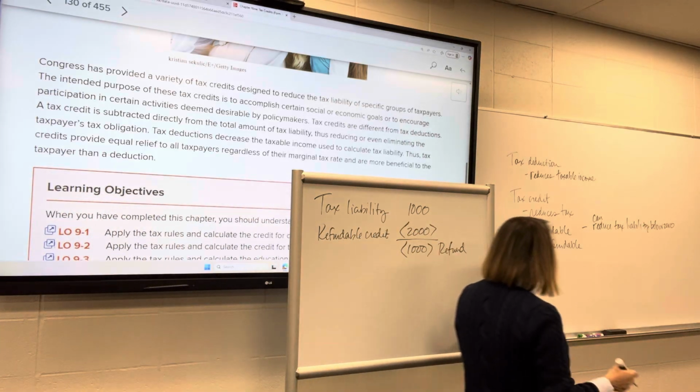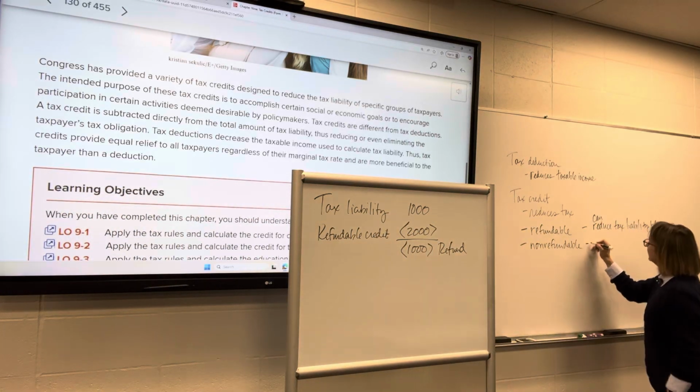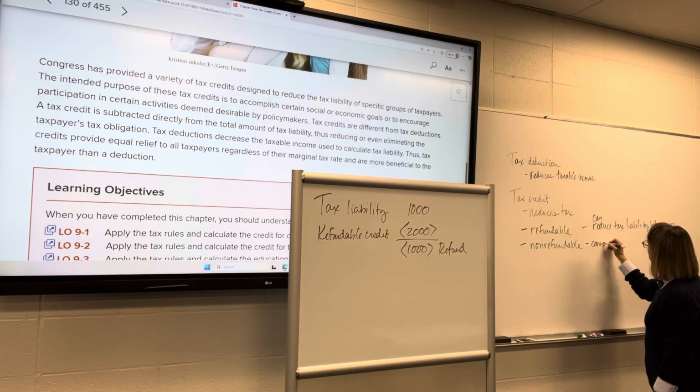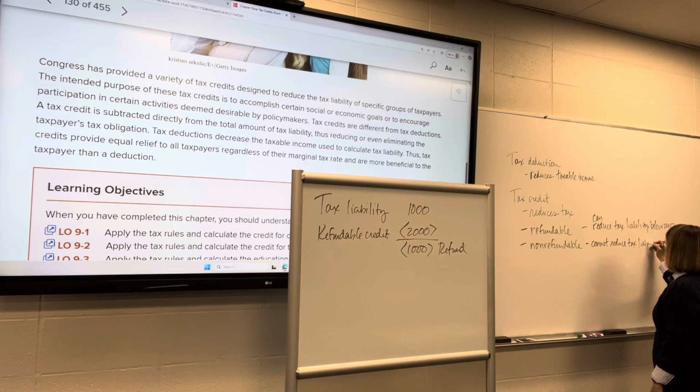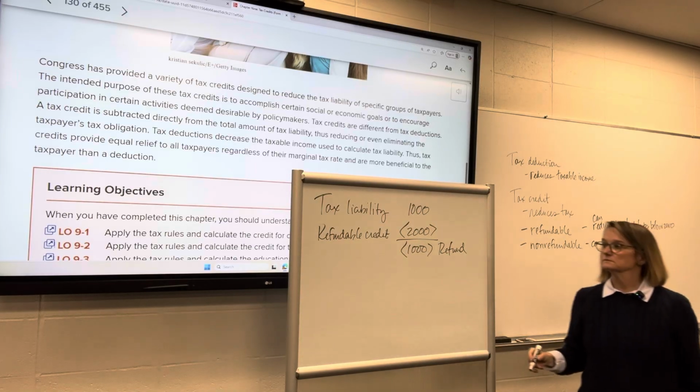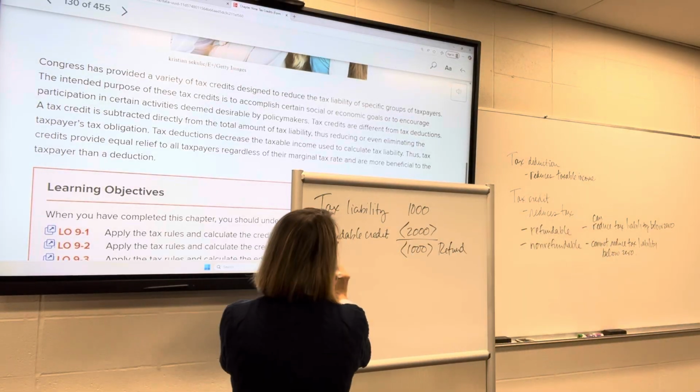Now, with a non-refundable credit, it cannot reduce tax liability below zero. So this one's refundable.